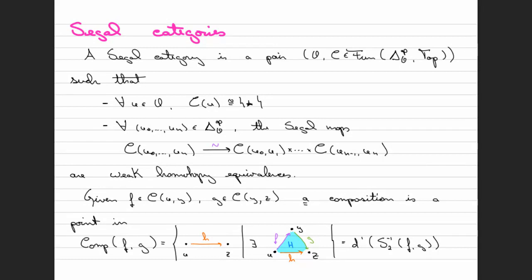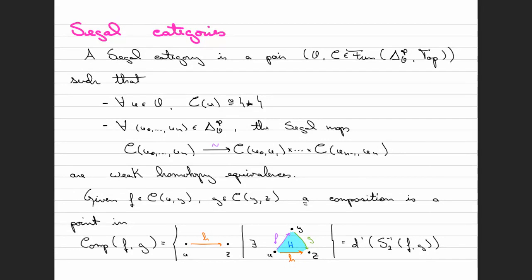Two maps, which are points in the spaces xy and yz, like with a pair, they do not have a decomposition, but some points are a composition. And so the points that are a composition of f and g are the points here, and they are precisely the bottom edges of the triangles that fill this spine.